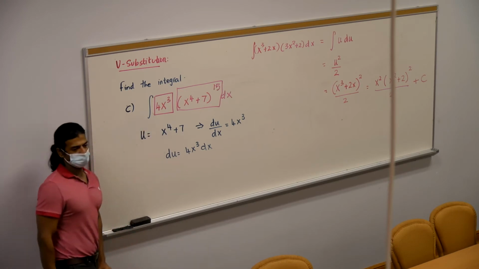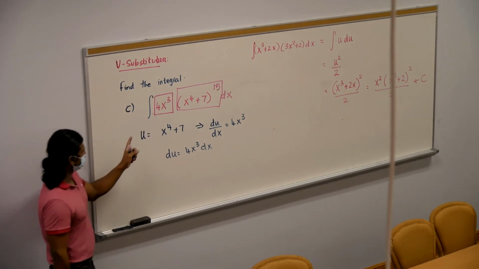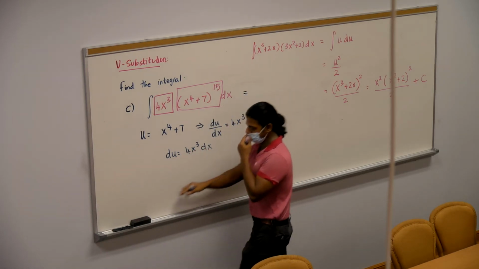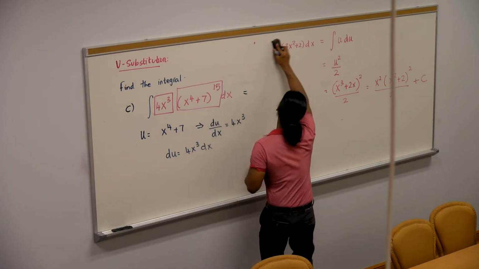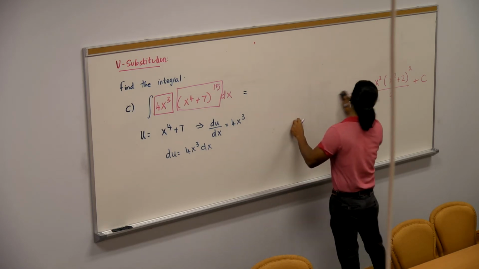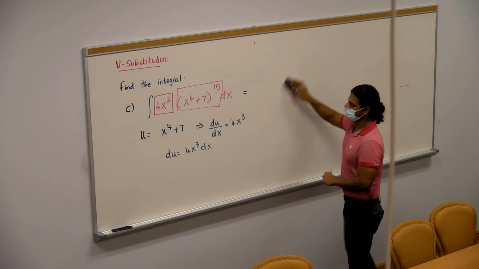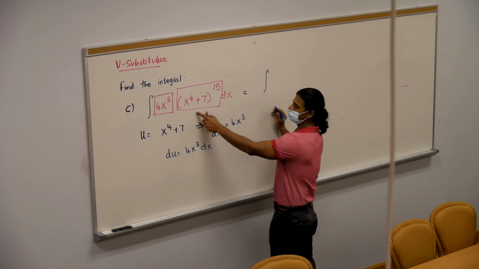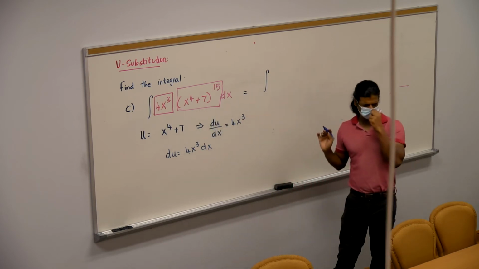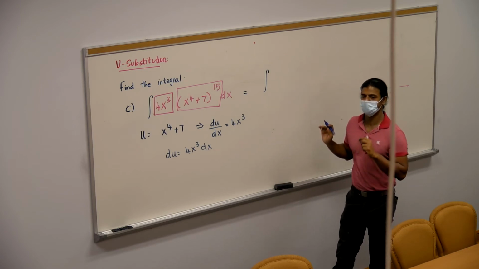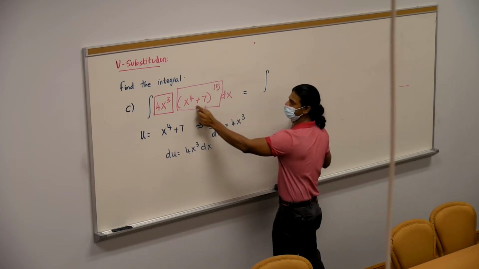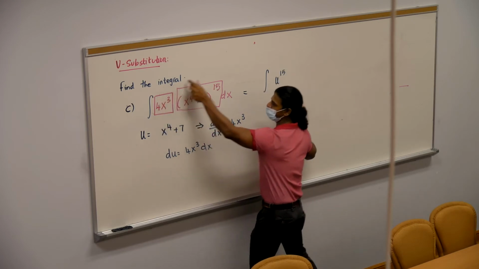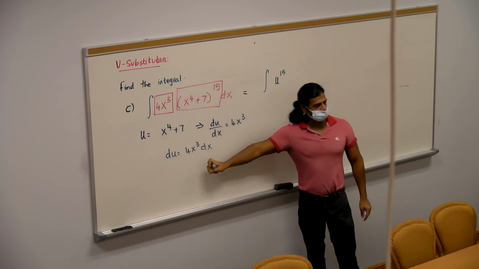So the integral that we started in terms of x can now be written in terms of u. I called x raised 4 plus 7 as u. So I will get u raised 15. The remaining 4x cubed dx is simply du.